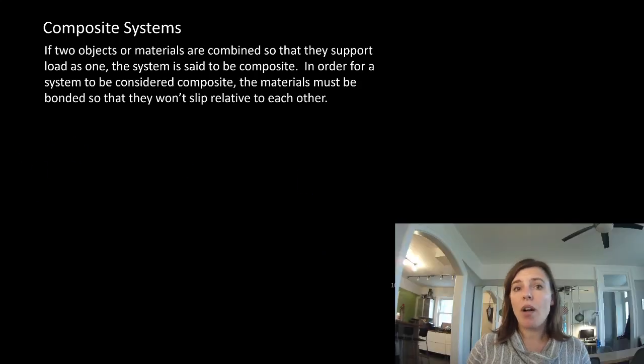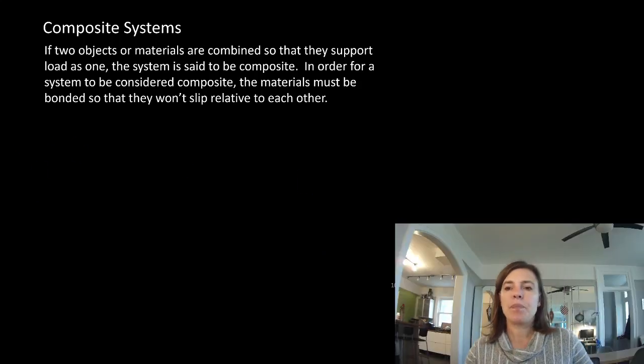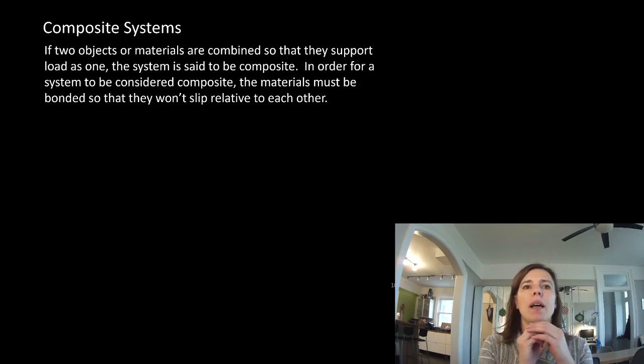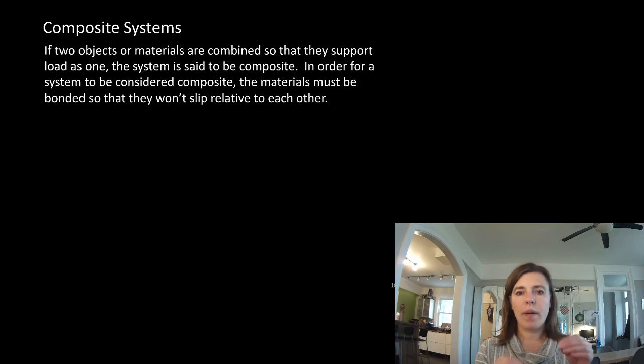Okay, now let's talk about composite systems. So we've looked at load sharing, and within that we talked about stiffness, and we talked about transformed sections, or talking about one of the materials in terms of the other. We're basically pretending they're both the same material, and talk about their area in terms of their stiffness, or you could do it the other way around.